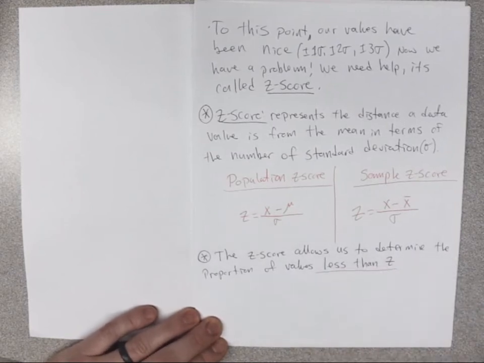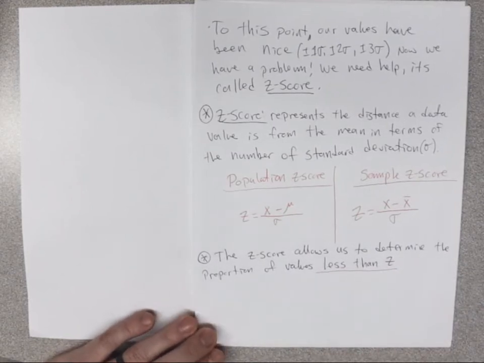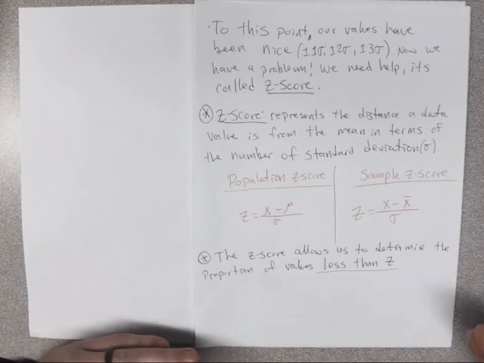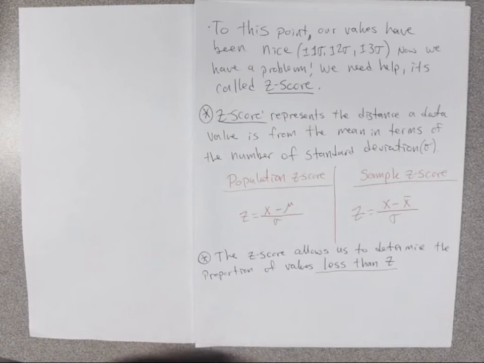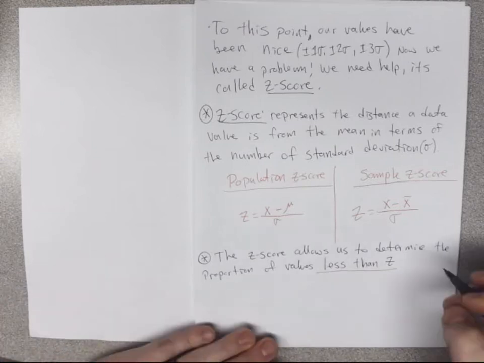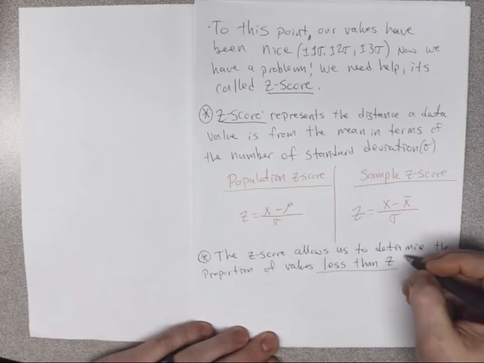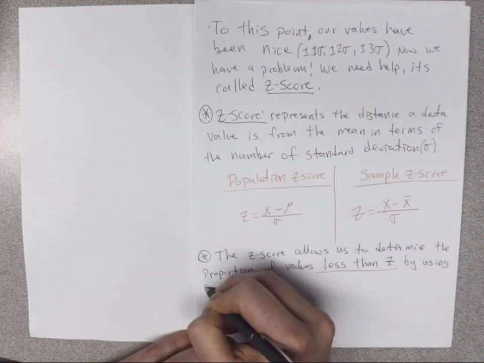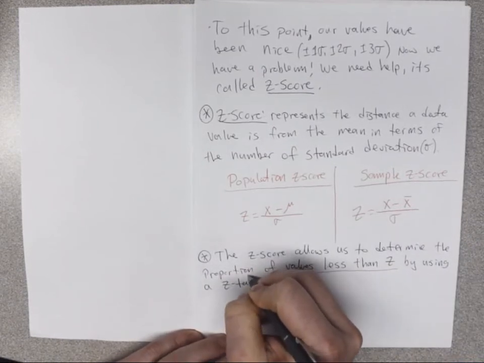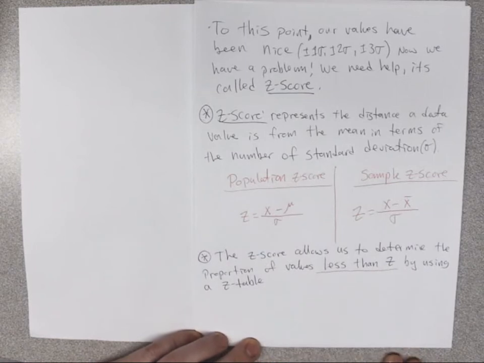We're going to be using z-scores for almost the rest of the semester, so we need to get used to this. When we're finding a z-score and we're looking up in this special table I'm going to show you in a little bit, it's telling you the probability that that observation is less than z by using a z table. It's in the book and you can find them online.